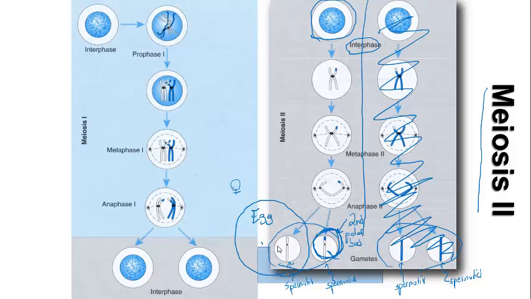The egg is the actual gamete. The secondary polar body, oh, I put bod. Polar body is just like the first polar body in that it is a non-participant. Okay, it exists, but it never actually gets to participate in fertilization.